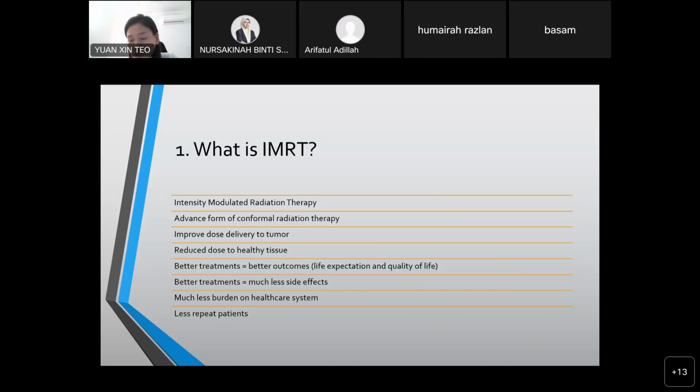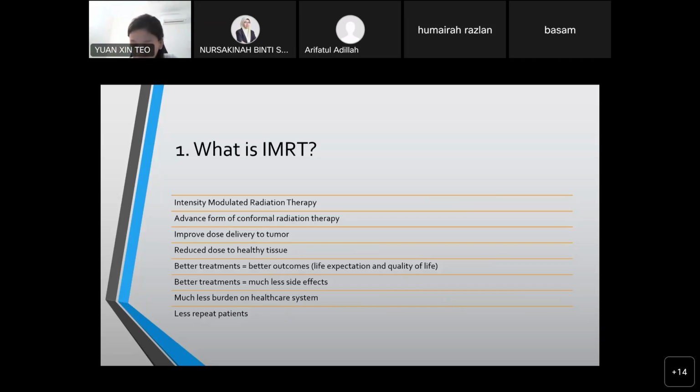So you may need to see a lot of multidisciplinary doctors, and then you need more medication to reduce your side effects. This is why they say that if we use IMRT with fewer side effects, there is less burden on the healthcare system, because you no need to see the dietitian, no need to see the ENT doctors, and use less medication.